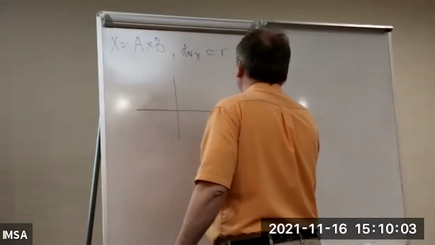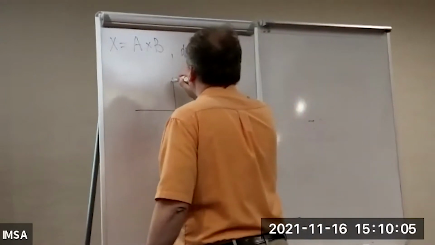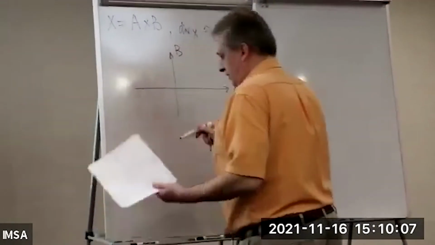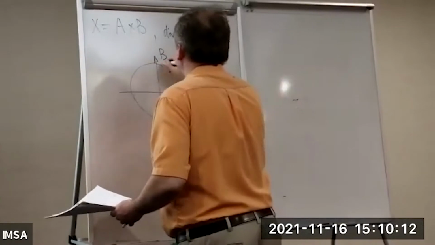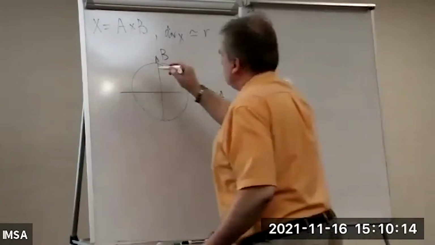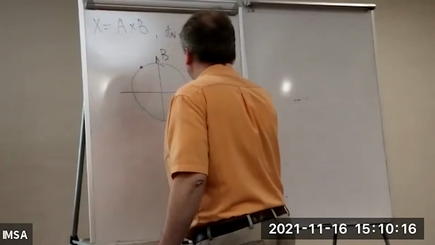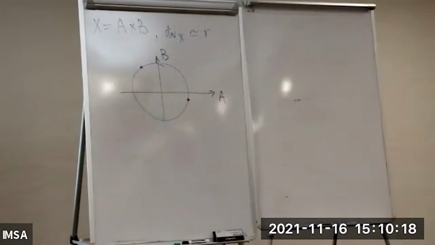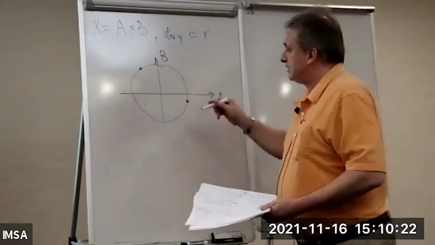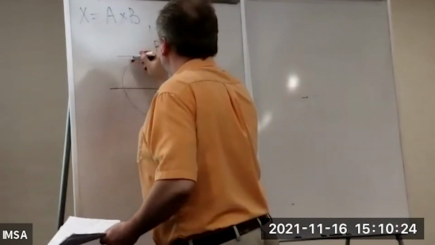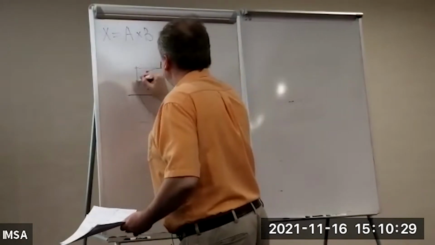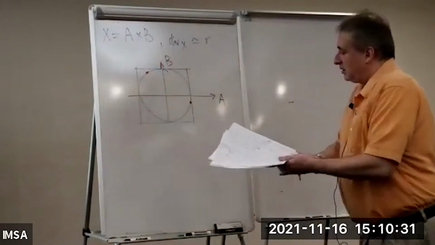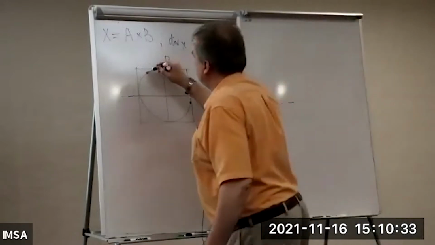Let's say this is my space A, this is my space B. I have some sphere, and I want to estimate the length of a path between two points of the sphere. Well, we can extend in each direction, and our path may look like that.